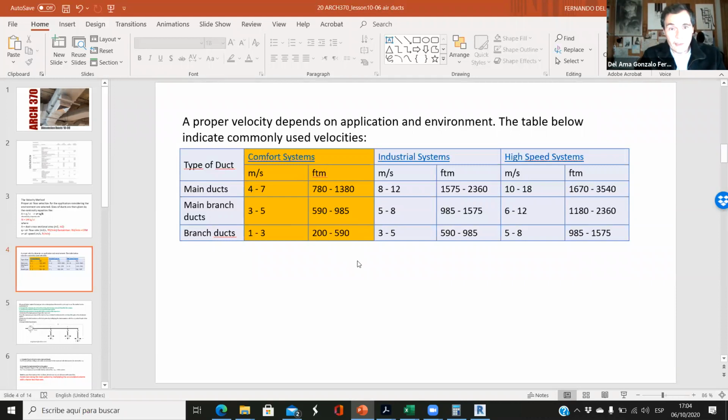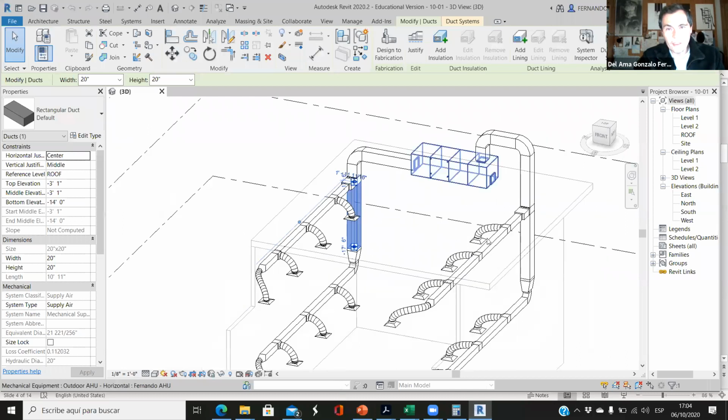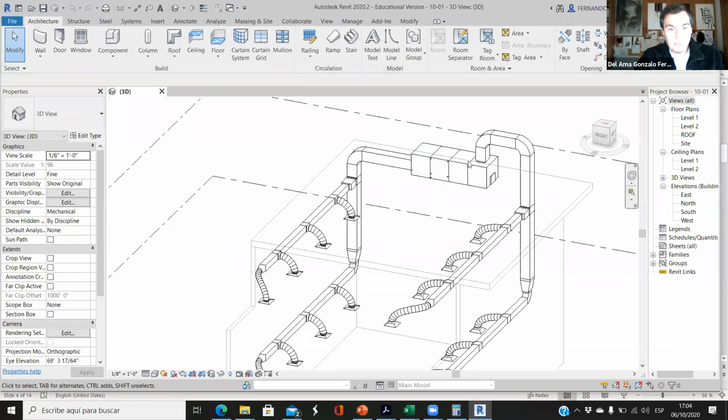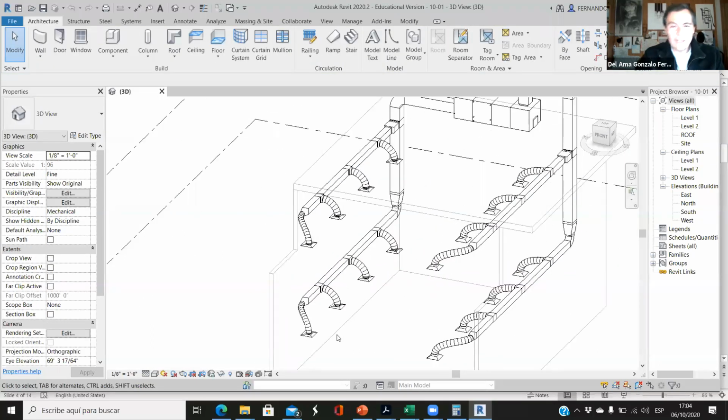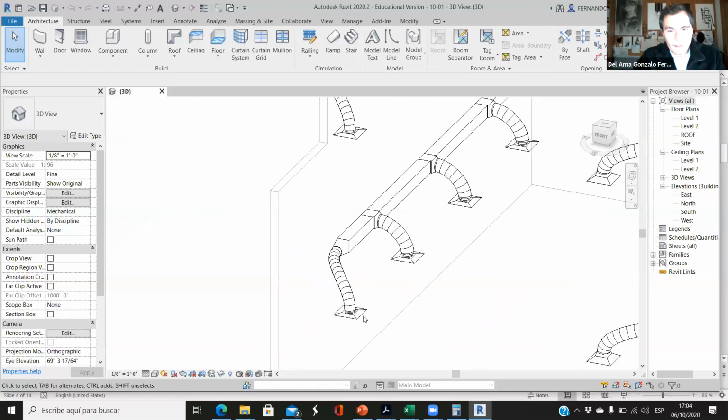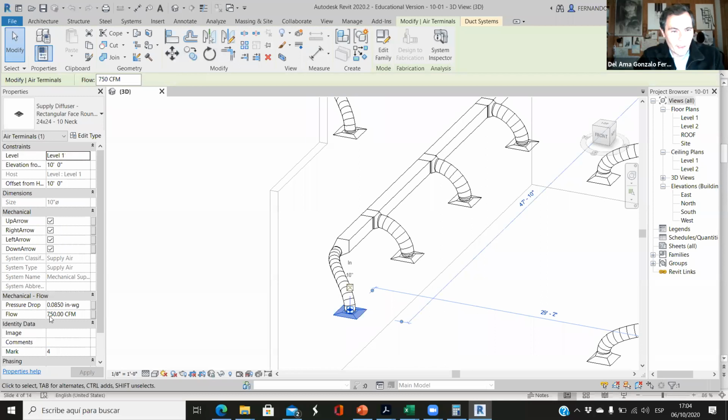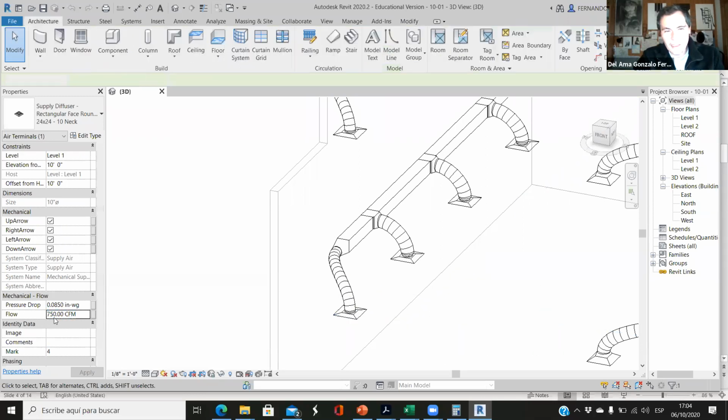And the good thing in Revit is that we can check. I told you that last week we designed this ductwork, okay? And now we have to check whether the speed limits are right or wrong. So if you remember here, by selecting the diffuser, here we have the CFM. It's 750 CFM.